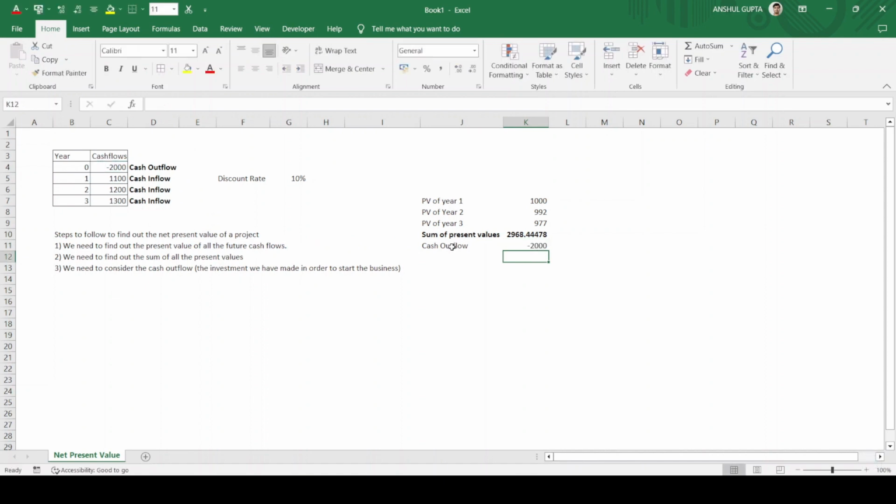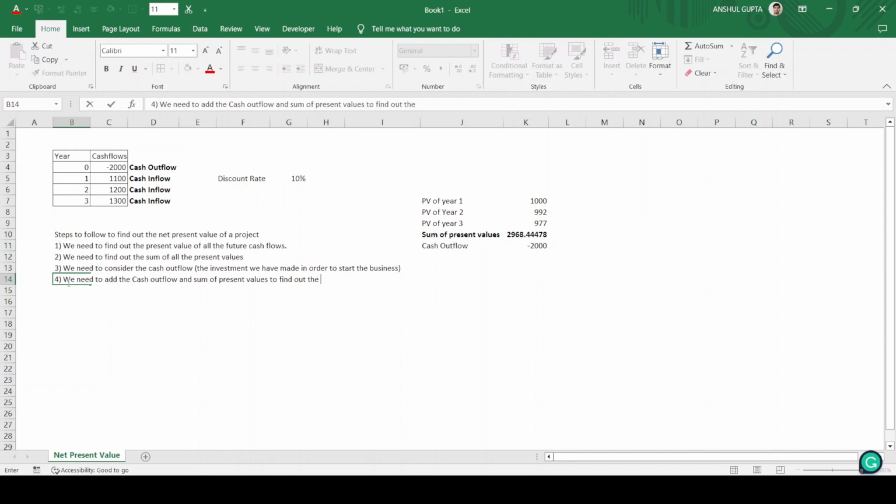And the fourth and the last step is we need to add the cash outflow and sum of present values to find out the NPV.